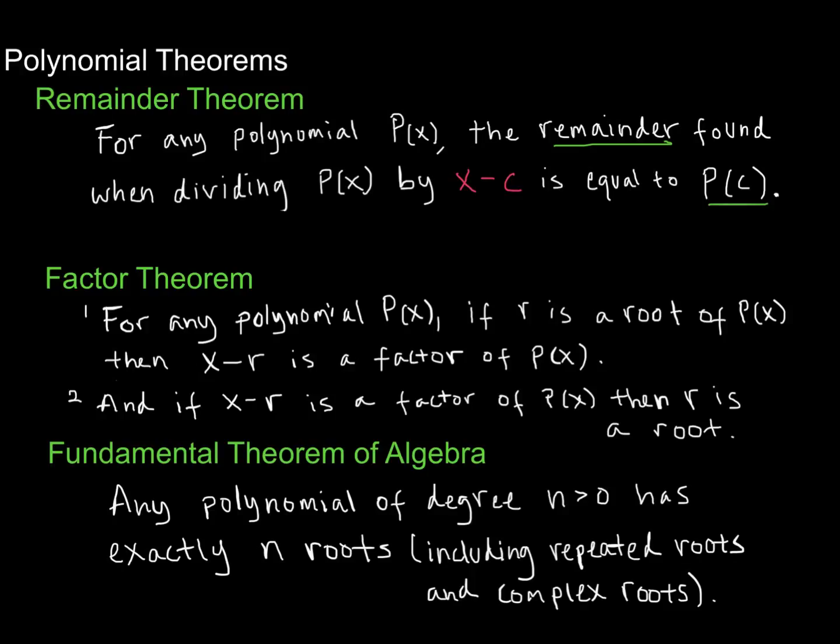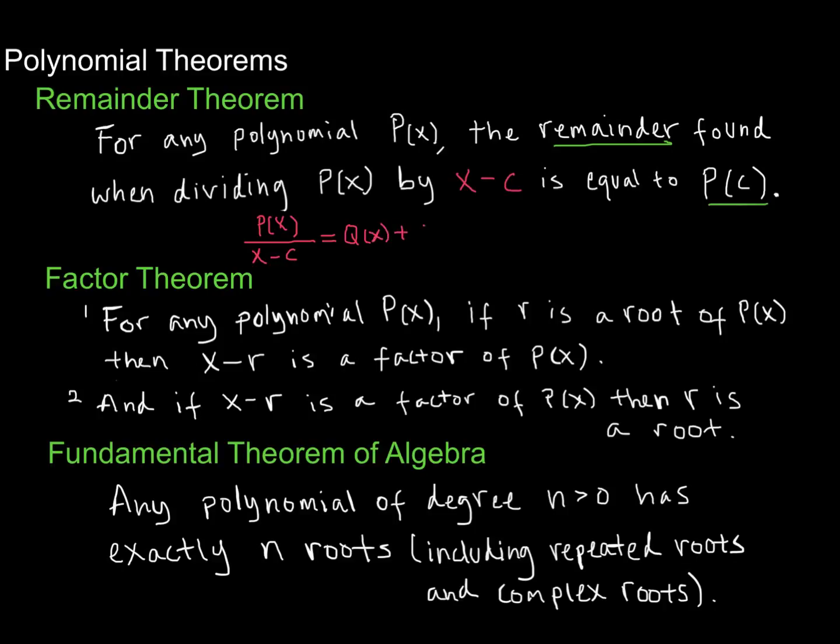One way of writing this is to say, if I take p of x, my polynomial, and I divide it by x minus c, well, what am I going to get? When I do this division, I'm going to get one big polynomial. We'll call it the quotient polynomial, q. And then I'm going to get some remainder.